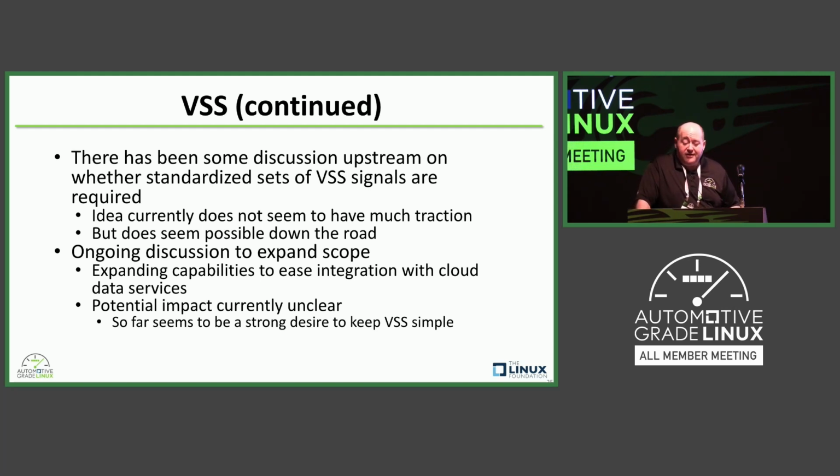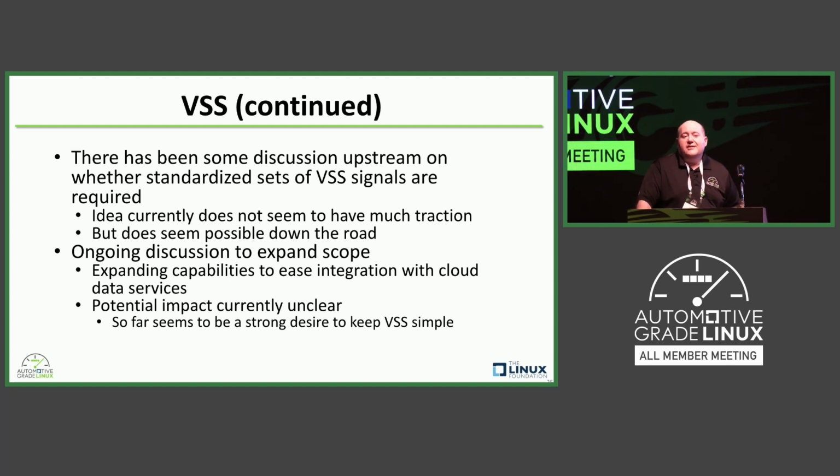There's also a significant discussion about expanding the scope of VSS, mostly coming from cloud integration folks. They want to potentially expand how it's used, have more different types of metadata in the tree, multiple trees, things like that.